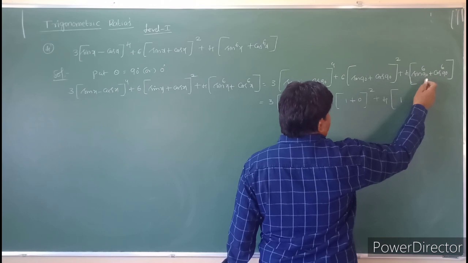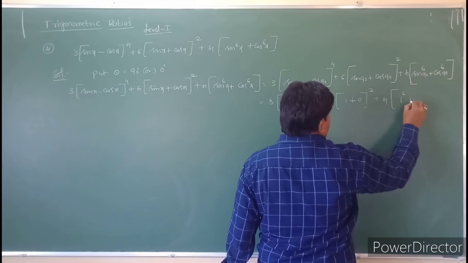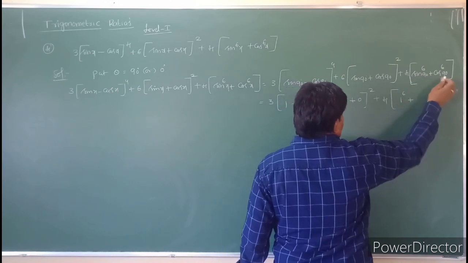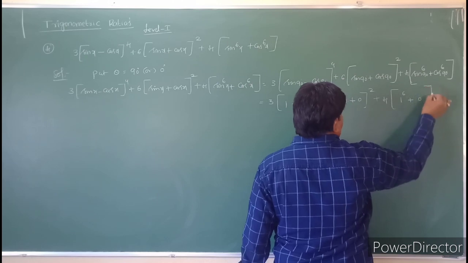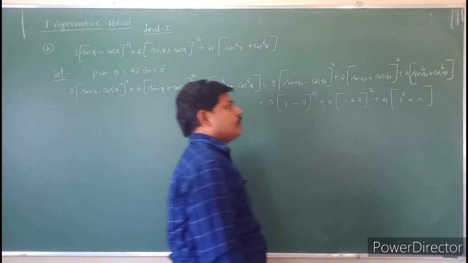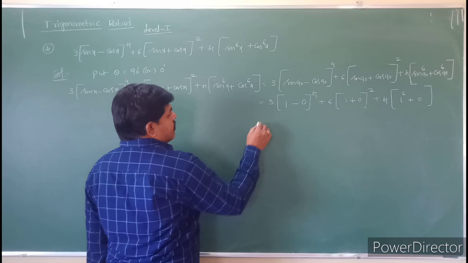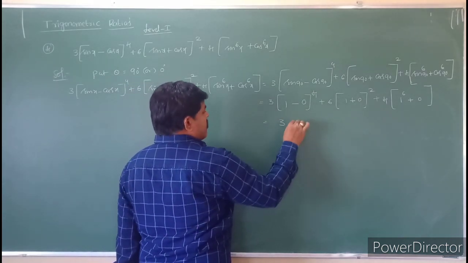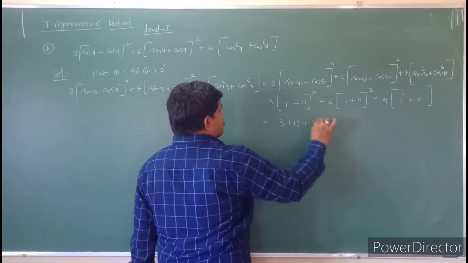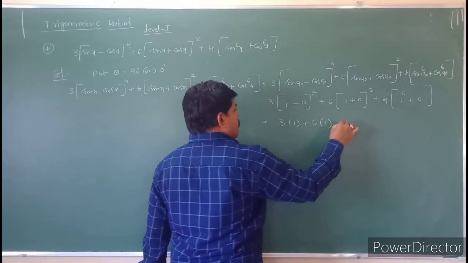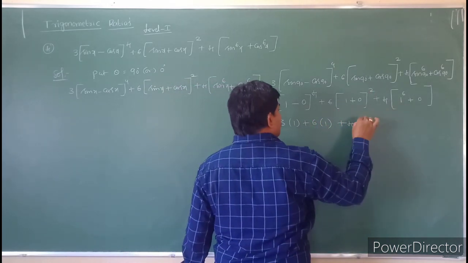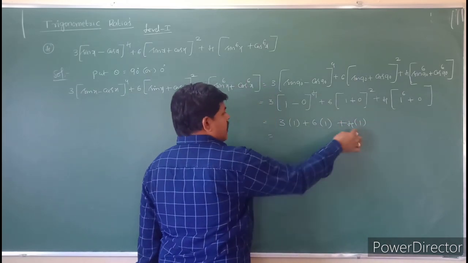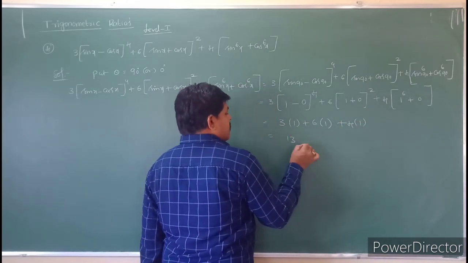Why? Because sin 90 is 1, so 1 power 6 plus cos 90 is 0, so it will become 0. So what happens, students? That is equal to 3, 1 power 4 is 1, plus 6 into 1 square is 1, plus 4 into 1, so that is equal to 10 plus 3, so the value is 13.